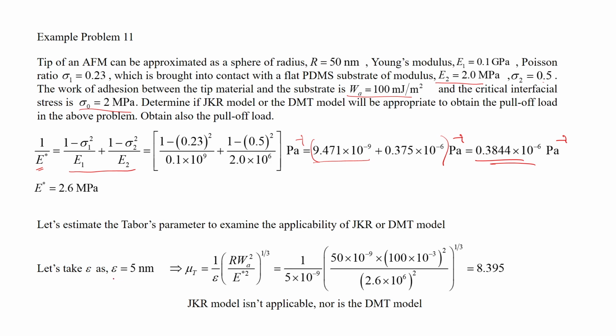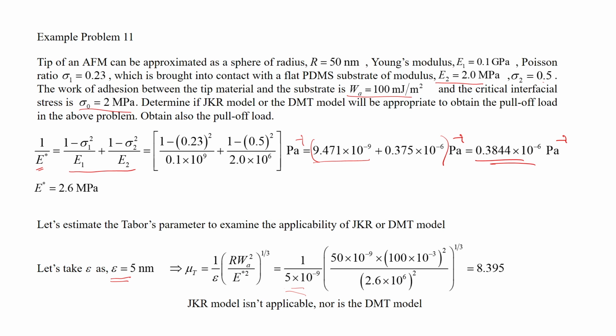So, the Tabor parameter will be estimated by using epsilon equal to 5 nanometer. Remember, this is 5 to 10 nanometer or like that, or maybe a little larger also you can take, but this is not like 1 micron or 2 micron, no, it is not like that, or 100 nanometer also is too large. So, 5 to 10 nanometer is fine to take for epsilon. Now, mu T, that is the Tabor parameter, 1 by epsilon, so 5 nanometer here, and this is R, and work of adhesion, and elastic modulus E star squared I have taken.